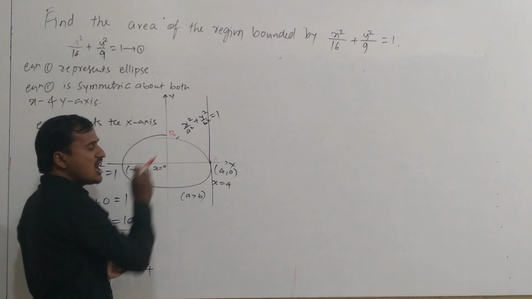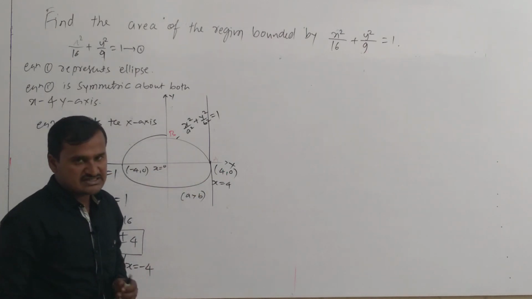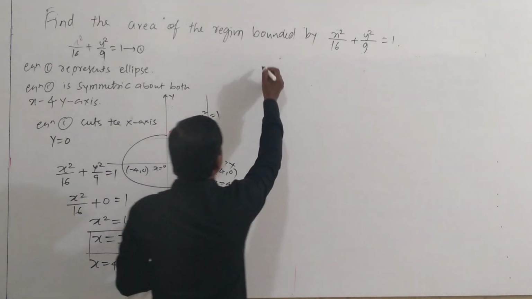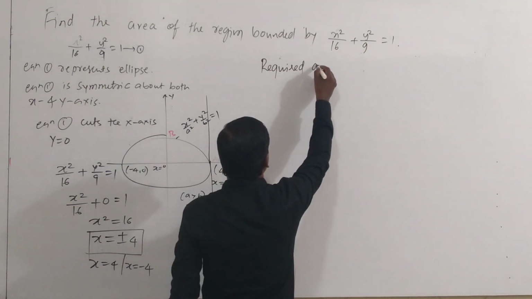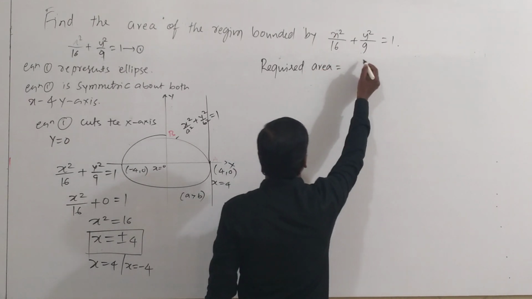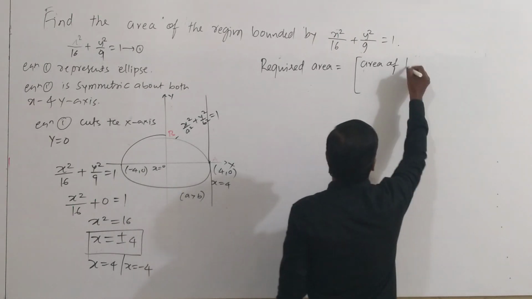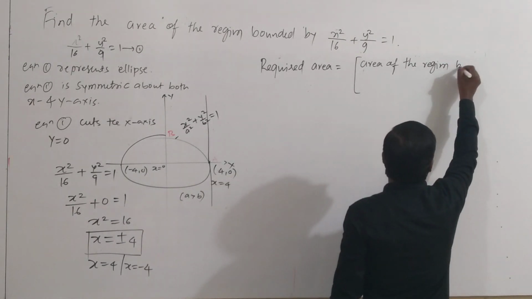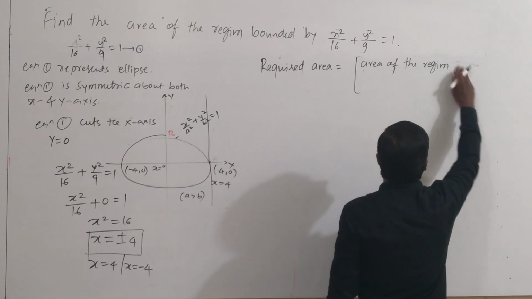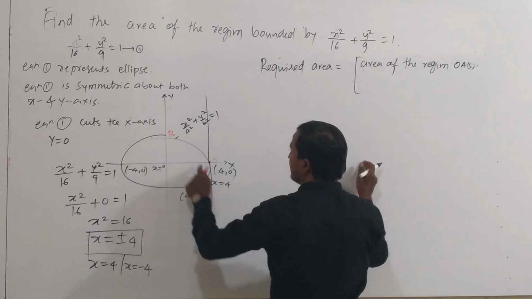First I will find this area. For this area I will multiply by 4, so that I get the total area of this ellipse. So here I will write the required area, that is equal to the area of the region bounded by OAB.